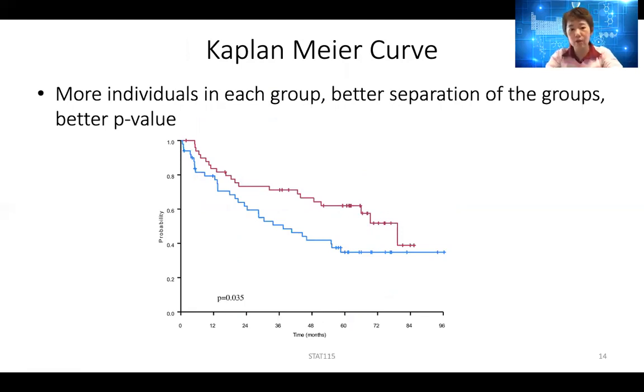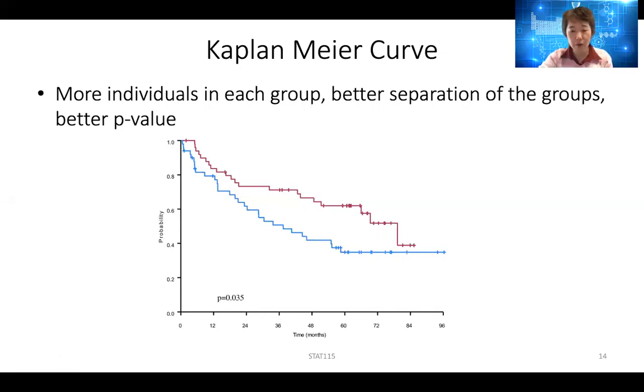It depends on what you are really looking at as the event. But anytime you see this little tick here, the little bar, that means a patient left the study. You just don't have information for that patient anymore. And so those are just the natural events which happen in a lot of these clinical studies.